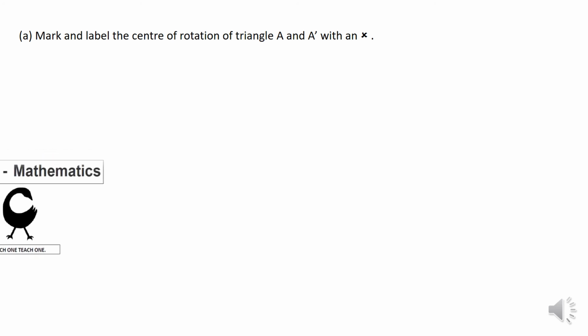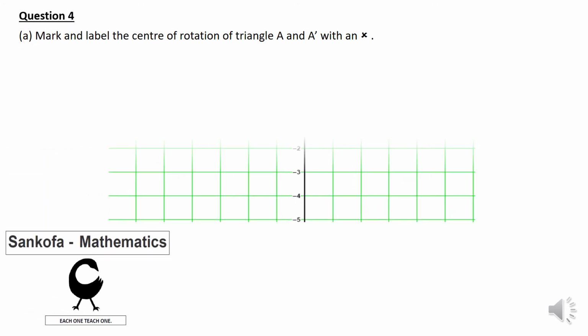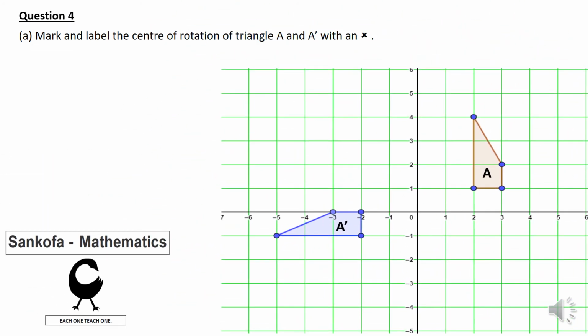Right, so we have got question 4 here, and if I bring the diagram, they're saying you're supposed to mark and also label the center of rotation. So what you do is you take your tracing paper, trace triangle A on, and then find somewhere around this area here.